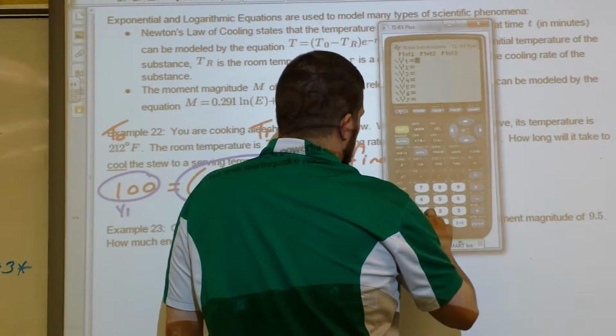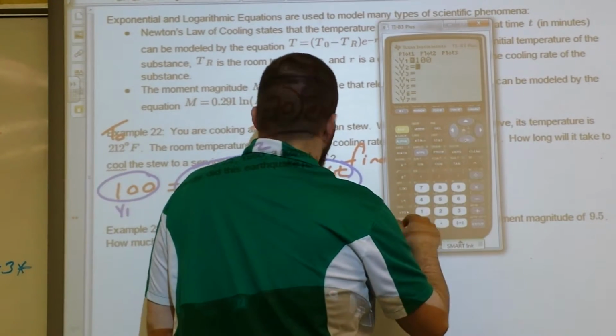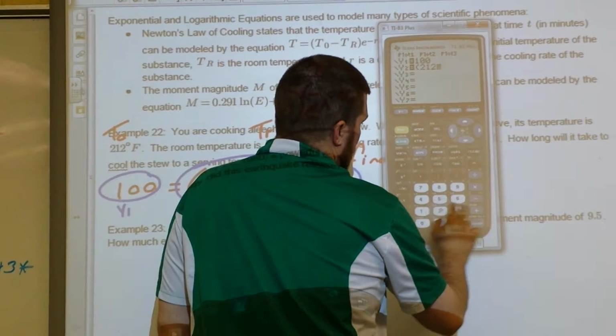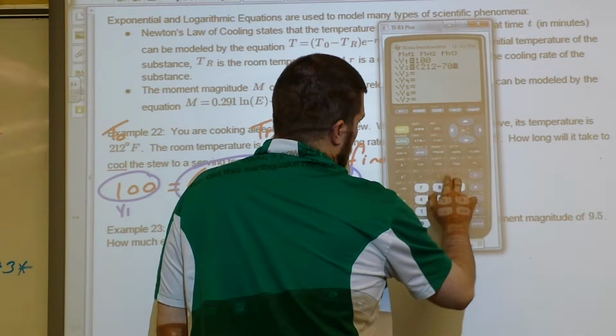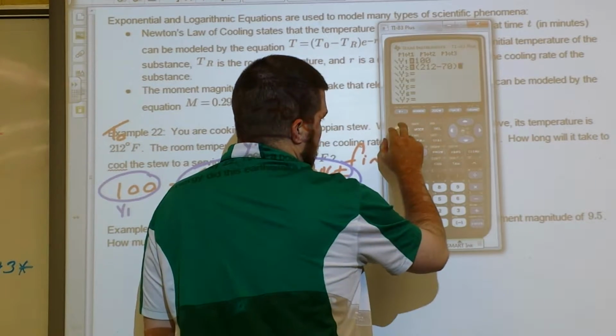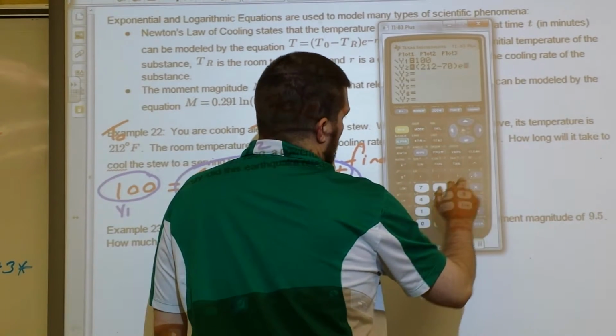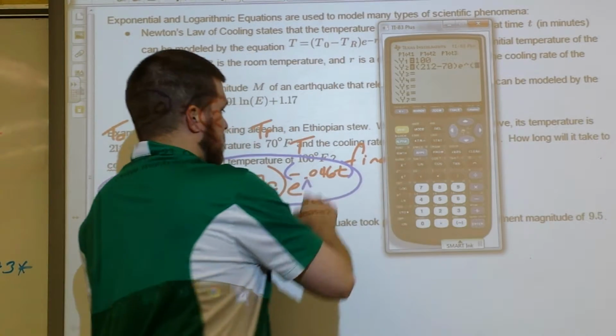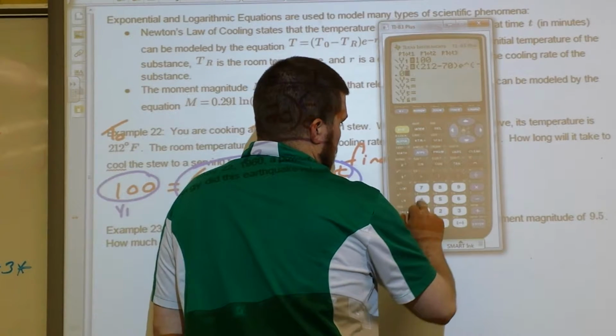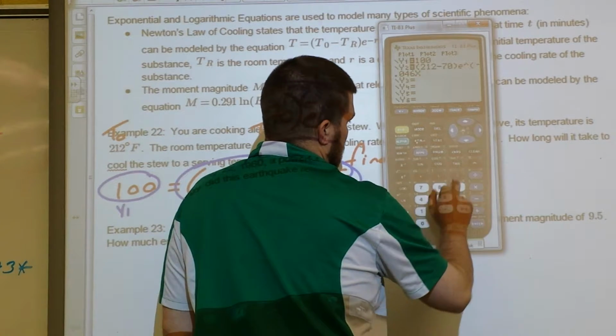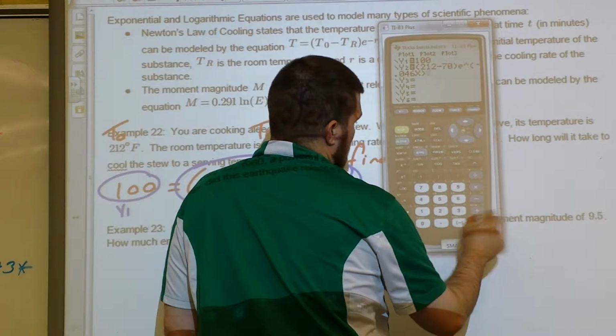So y equals 100, so that's y1. For y2, we've got parentheses 212 minus 70, parentheses again, e, you just hit second, divide, raised to parentheses, negative 0.046 x. Close parentheses, and we're good to go.